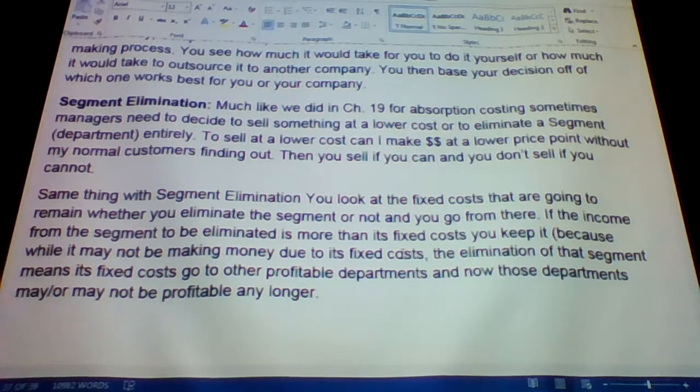If the income from the segment to be eliminated is more than its fixed costs, you keep it, because while it may not be making money due to fixed cost, the elimination of that segment means that its fixed costs go to other profitable departments, and now those departments may or may not be profitable anymore.